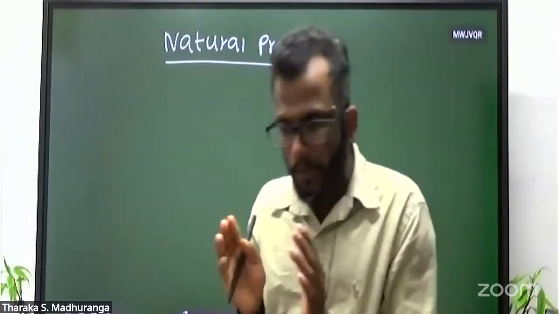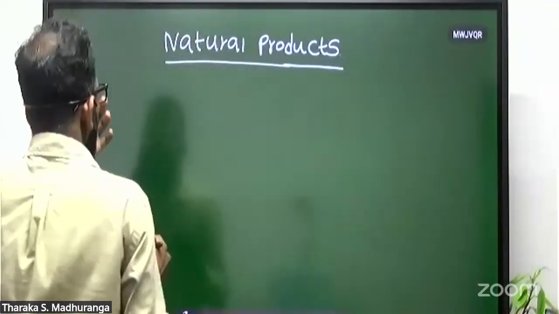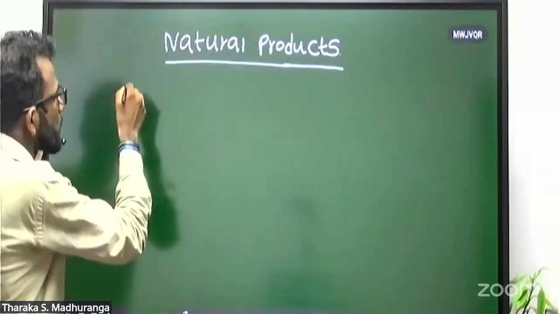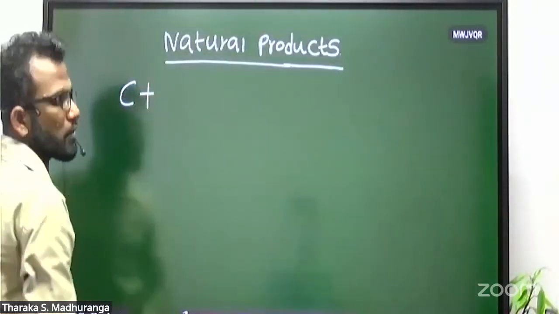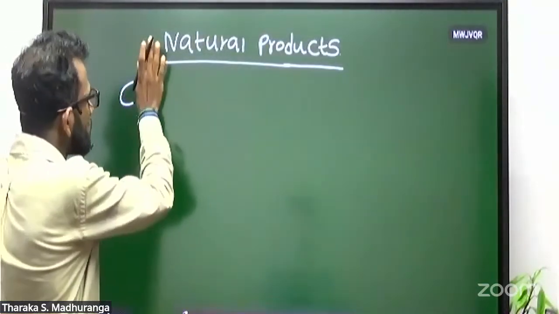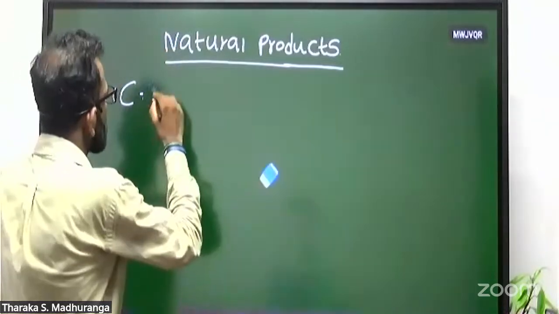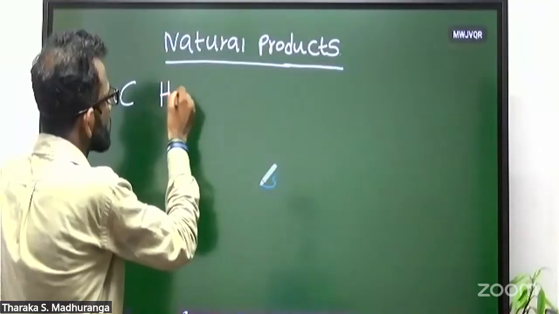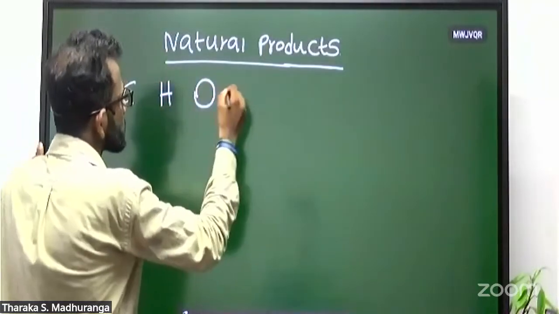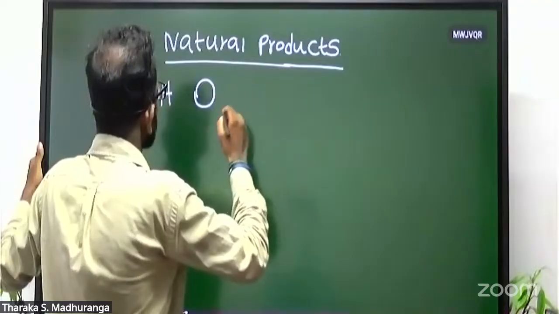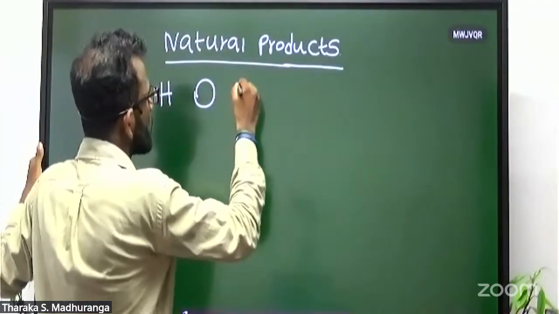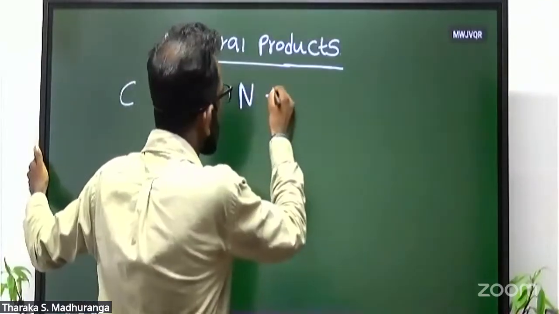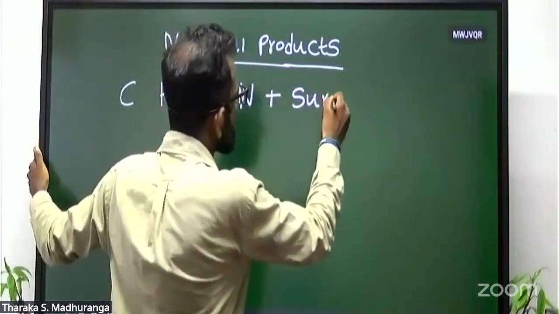Understand, the natural products mean carbon, hydrogen, oxygen, nitrogen, plus sunlight.